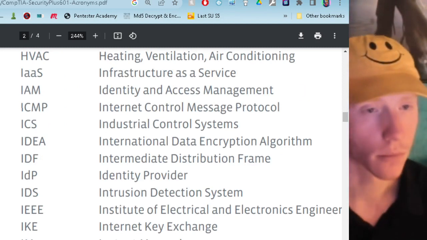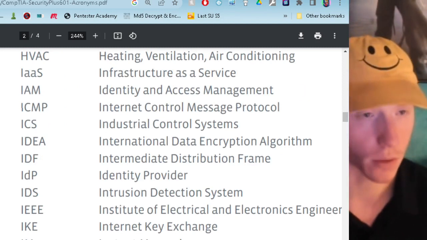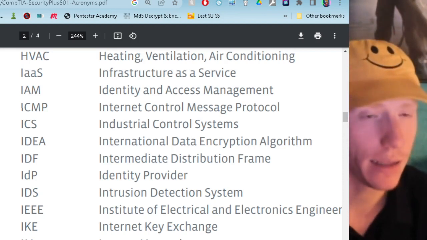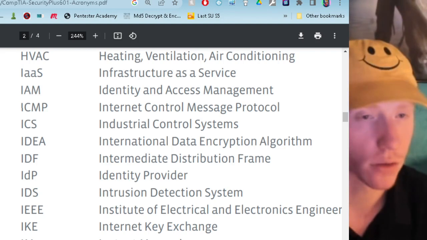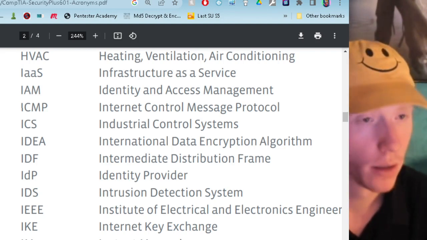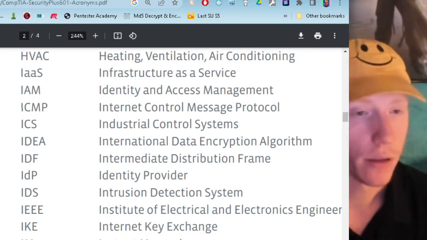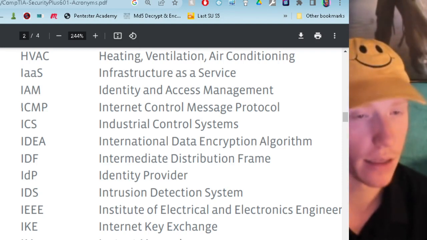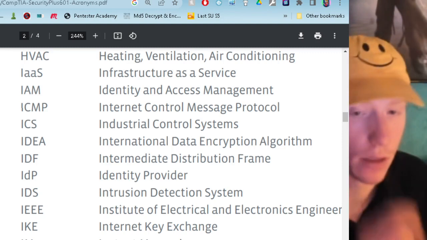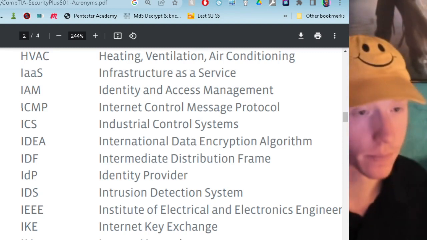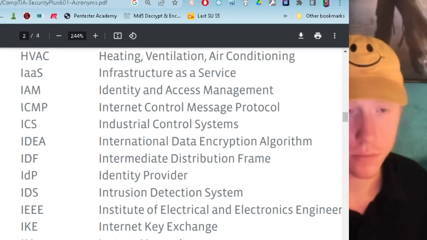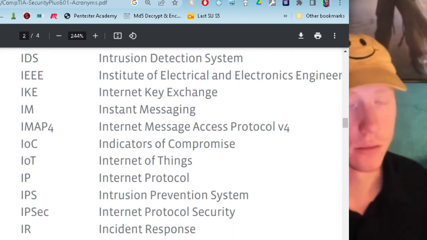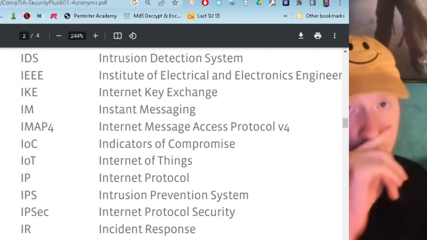ICMP, Internet Control Message Protocol. ICS, Industrial Control Systems. IDEA, International Data Encryption Algorithm. IDF, Intermediate Distribution Frame. IdP, Identity Provider. IDS, Intrusion Detection System, of which there are host-based and network-based.